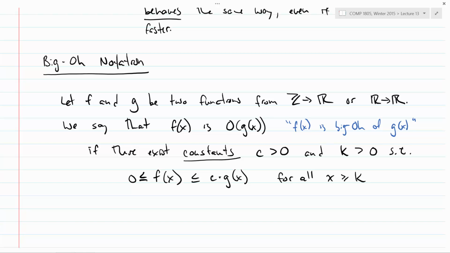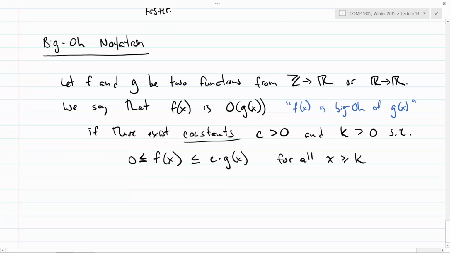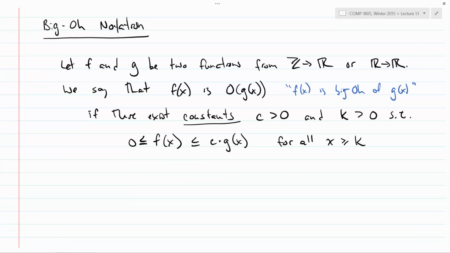All right, so this is really weird, right? This is not at all clear why it's related to what we were just talking about. But if you'll bear with me for a second, we'll get there. So we call c and k witnesses. So when I ask you for witnesses, what I mean are c and k.